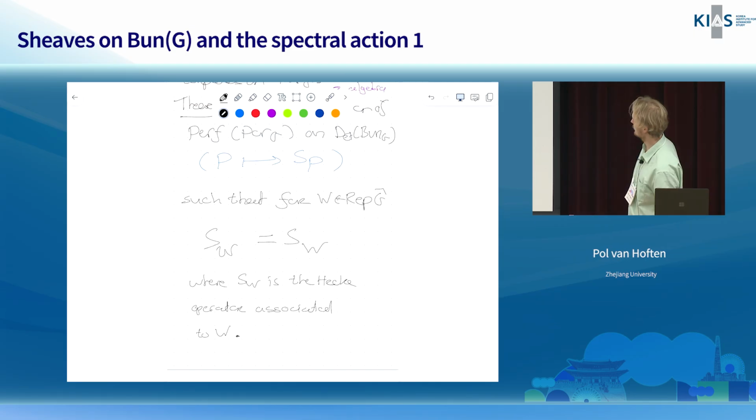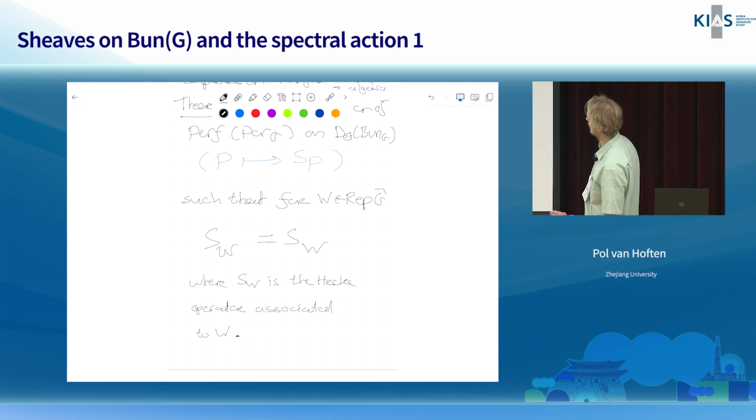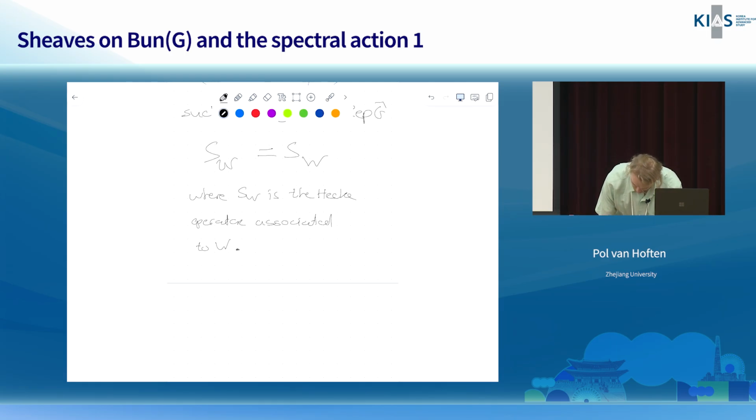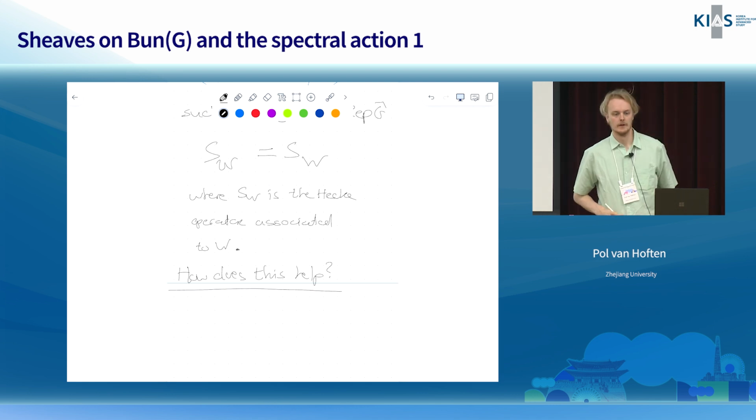So what I want to explain is, what does this actually buy you? How does this help? So does that characterize the spectral action?